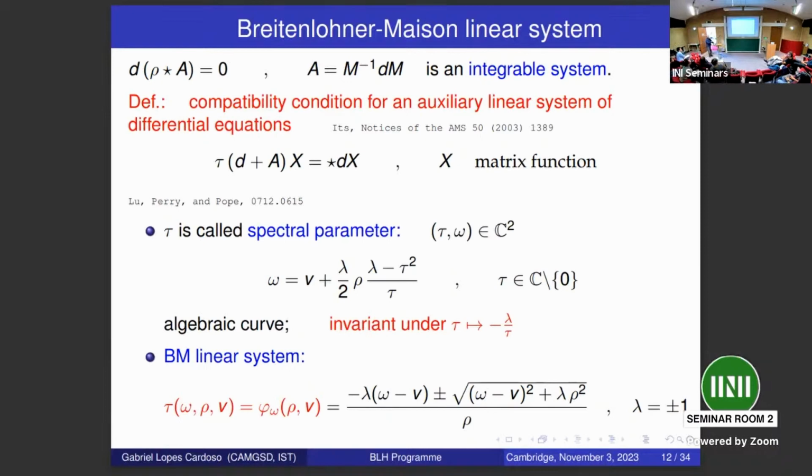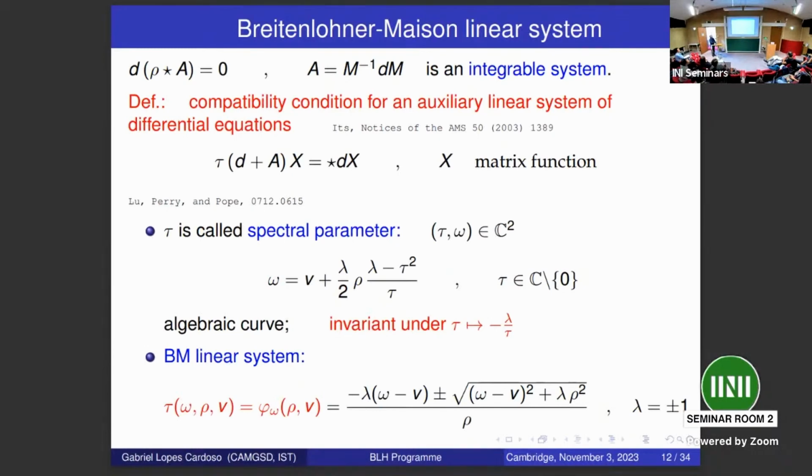So I take this relation. We are then instructed to view tau as a function of omega and rho, v, in which case you get expressions of this sort here. The way to think about this is that you have now defined a function of rho, v, which will depend on the parameter omega, which is complex, but it's a parameter.